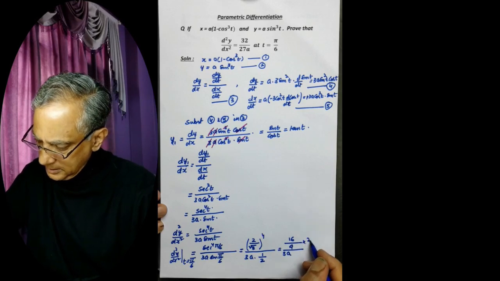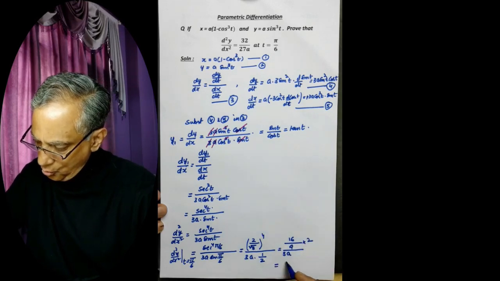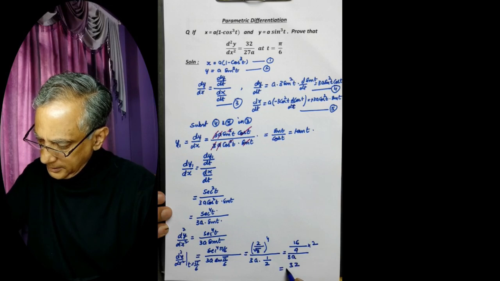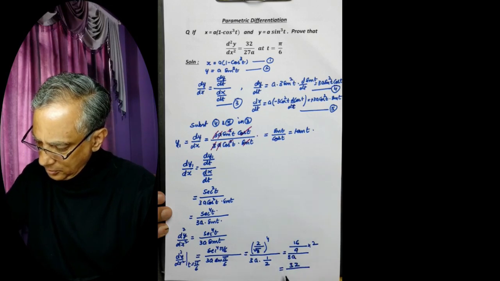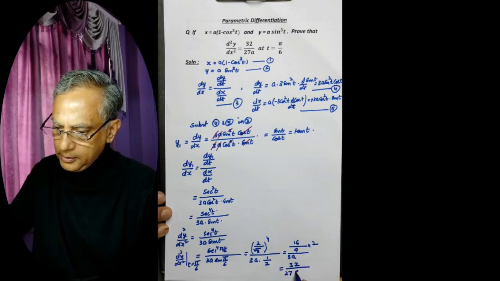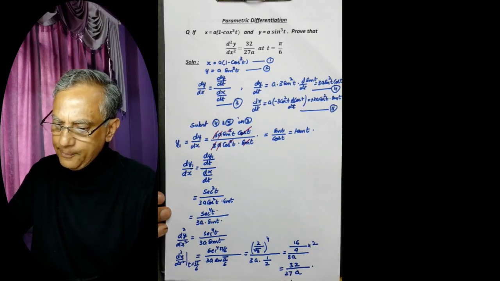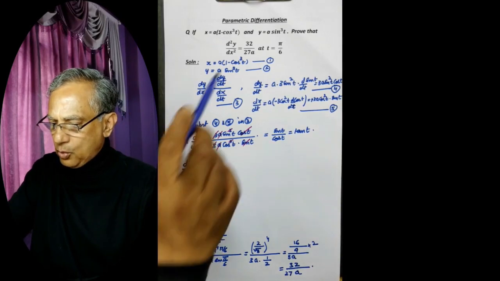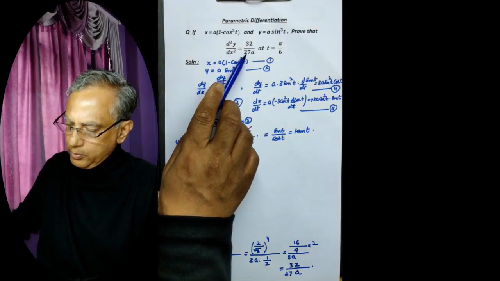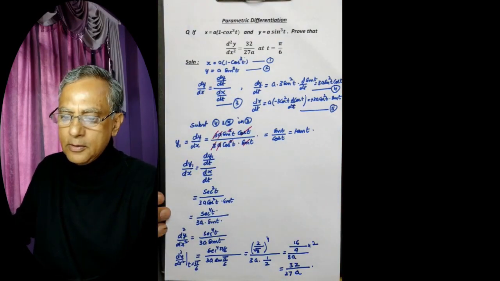So this is 32 over 9 times 3, that is 27. 32 by 27, which was the result to be proved. Hence proved.